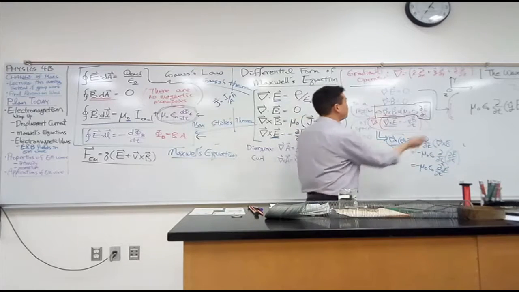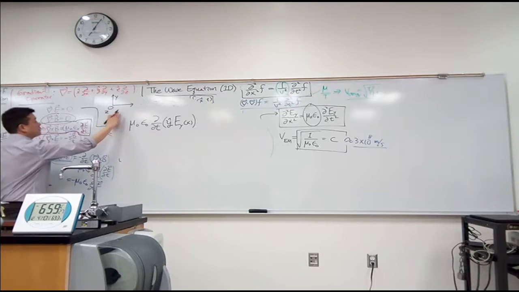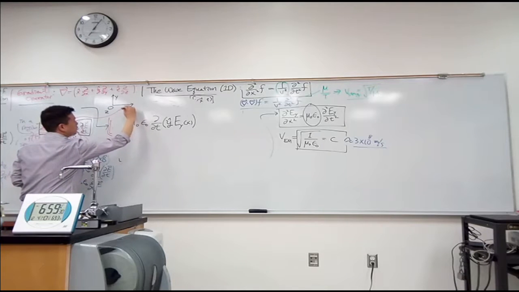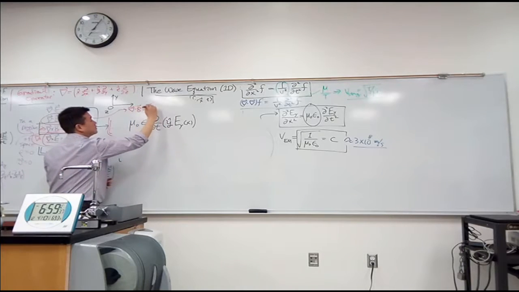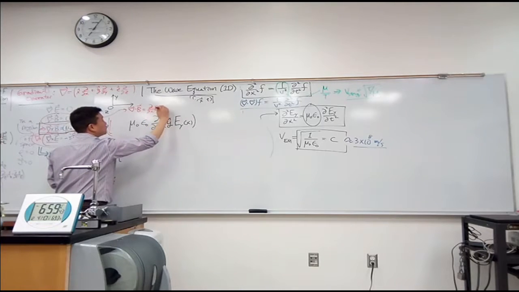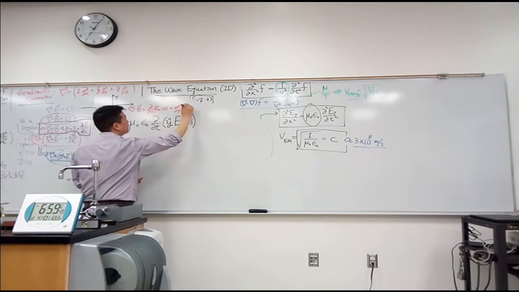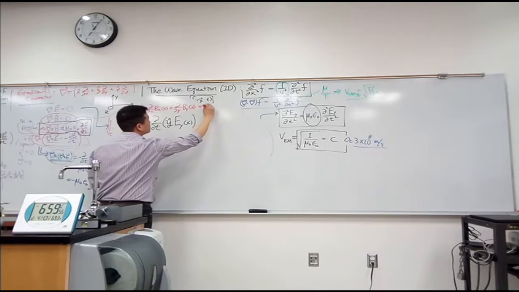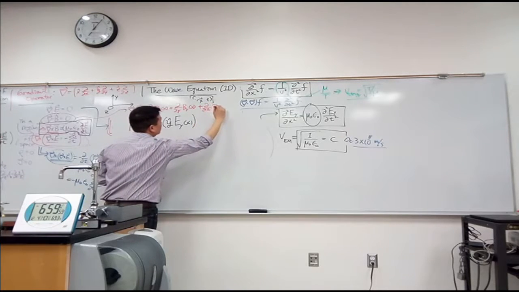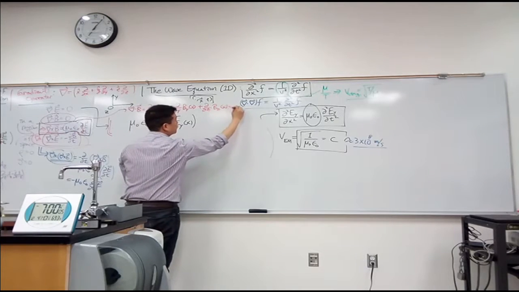Starting from this divergence of the magnetic field, writing it out in terms of components, it is the x derivative of the x component, which is only a function of x, plus the y derivative of the y component, which is only a function of x, plus the z derivative of the z component, which is only a function of x, and all of that is equal to 0.